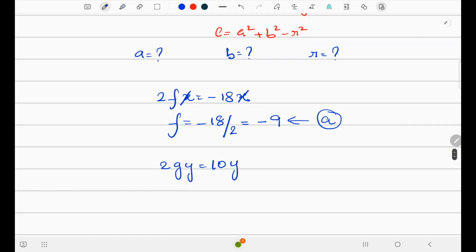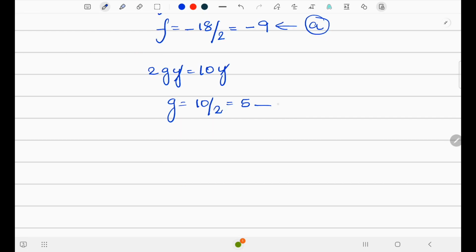The y cancels each other, where g equals 10 divided by 2, which is equal to 5. Now we got b. What is b here? b must be minus g.